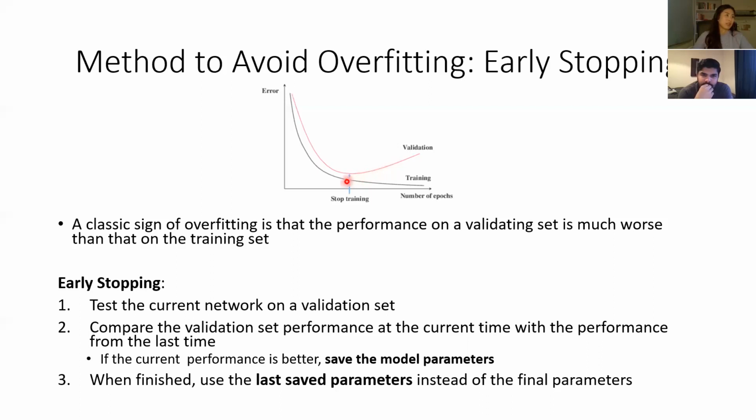Actually, what we get is the best one we found here, because we only save the model parameters at that stage when performance gets better. That's early stopping. I just mentioned this one specifically because that's what I'm going to use for this stock prediction, if that's okay.